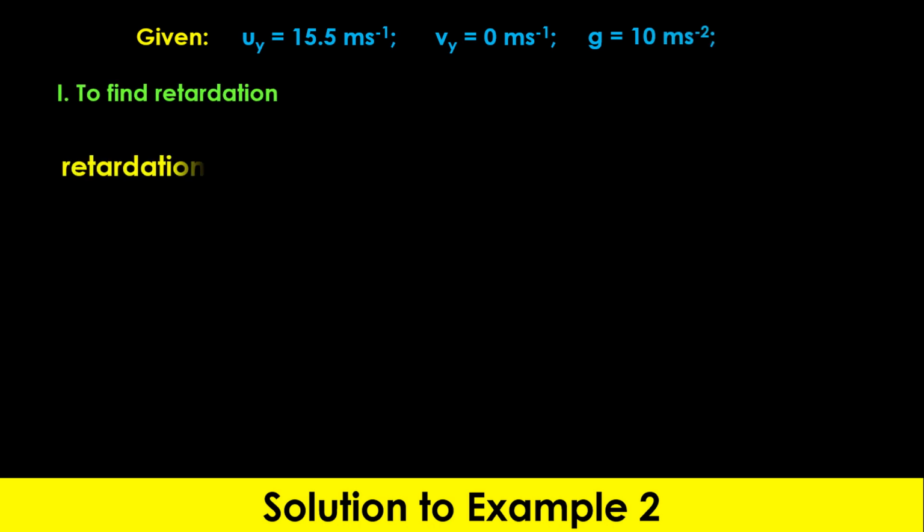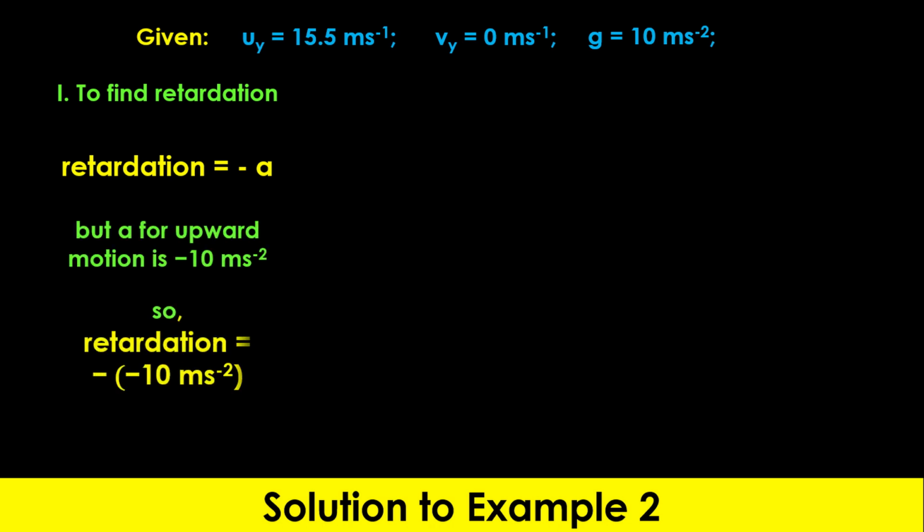The retardation of the ball is 10 meters per second squared since it is negative acceleration. It is a negative acceleration because the upward motion of the ball is in an opposite direction to the force of gravity. As explained earlier, this is why the velocity of the ball will keep reducing at a steady rate of 10 meters per second until it gets to its maximum height, where its velocity becomes 0.